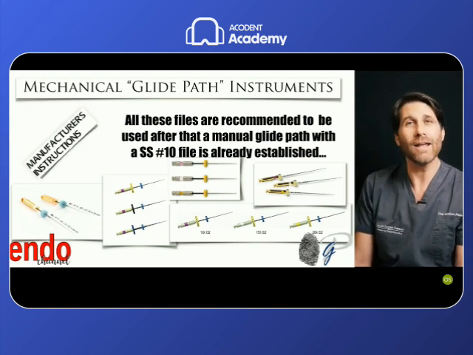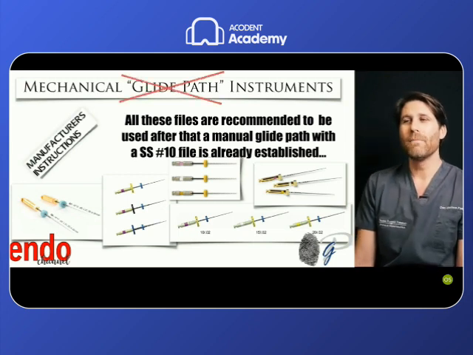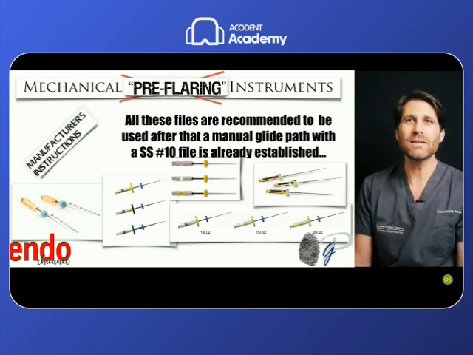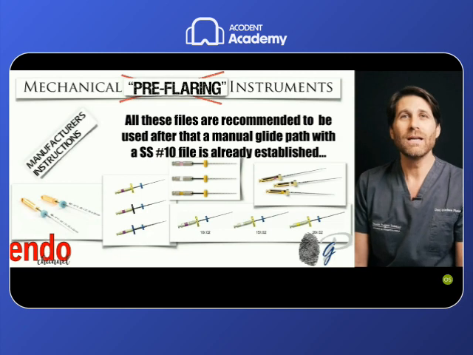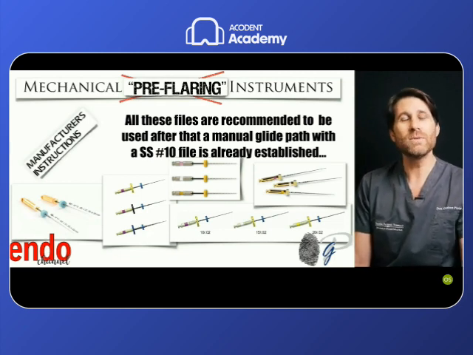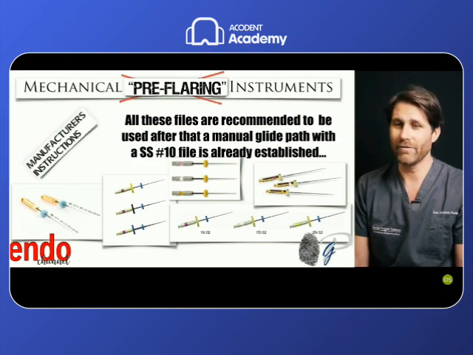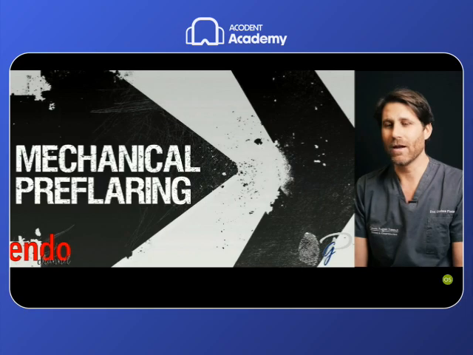So I don't like to use the term glide path instruments, but I like to call them mechanical pre-flaring instruments, because these instruments, honestly, are only doing a pre-flaring to perform the preparation with the subsequent sequence of rotary files. They are not mechanical glide path files. So we are performing with this file a mechanical pre-flaring, not a mechanical glide path.